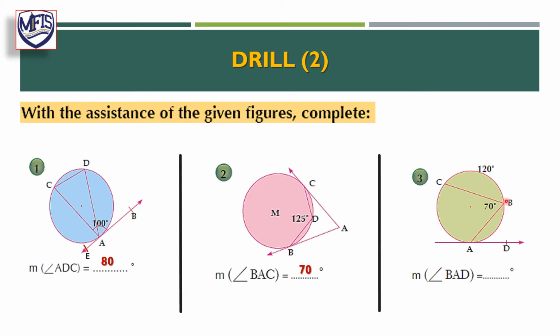Now I have measure arc BC equals 120, and I can find measure arc AC, twice 70. Then measure arc AC equals 140. Measure arc BC equals 120. Then measure arc AB equals 100. Therefore, measure angle BAD equals half of 100, which equals 50.